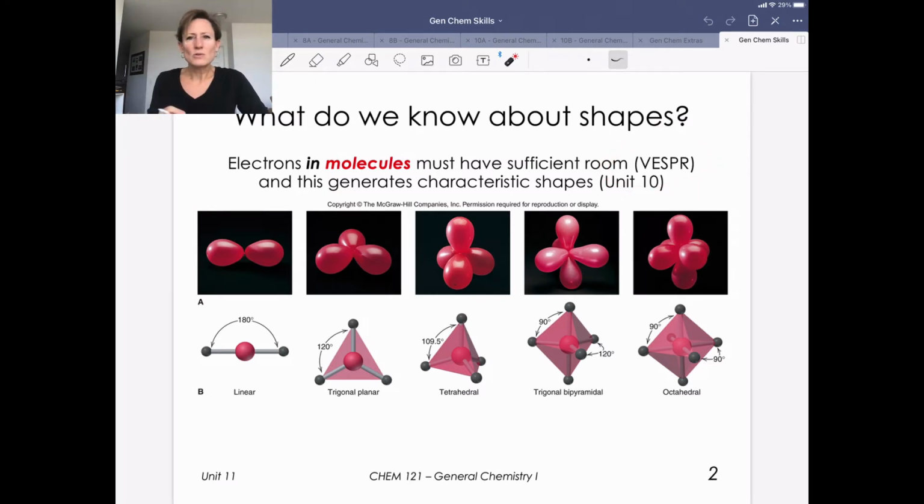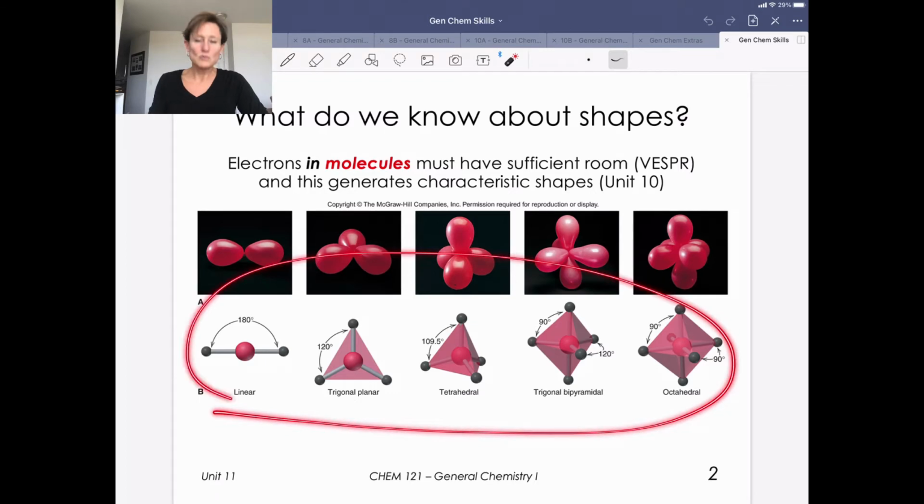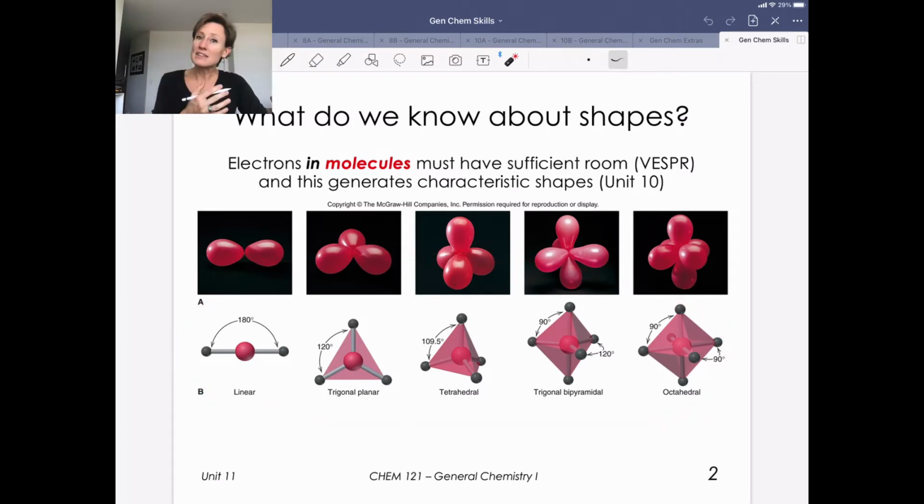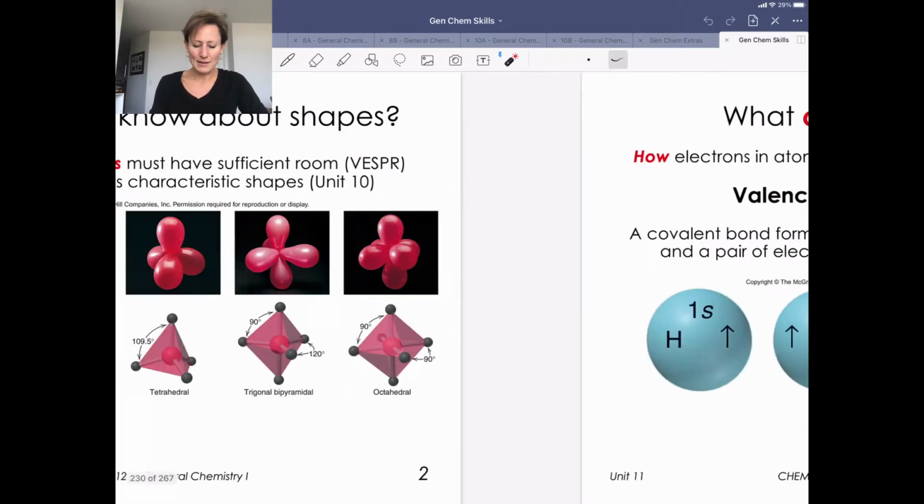We need to give those things room. And remember, those things were either electron groups as lone pairs or as bonds to other atoms. So we had that code, that A, X, and E that we needed to think about. So that led us to different electron group arrangements, depending on how many things we had surrounding a central atom.